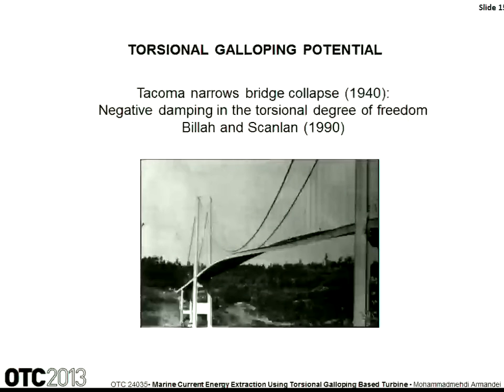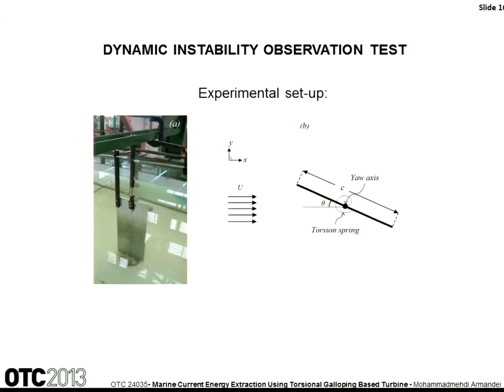The potential of torsional galloping was first proved during the collapse of the Tacoma Narrows Bridge in 1940, and it was known that the negative damping in the torsional degree of freedom was the main reason for the collapse of this bridge deck.